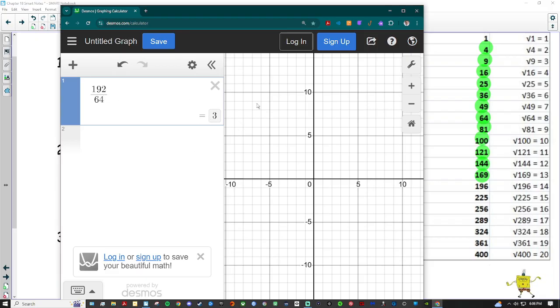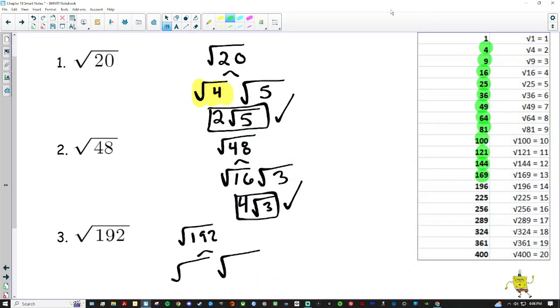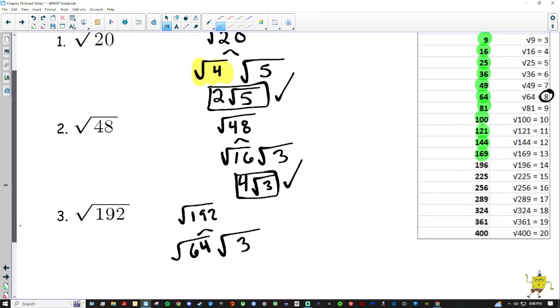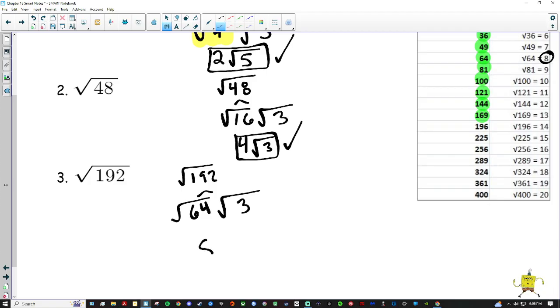So 64 times 3 is what it splits up into. 64 and 3. The square root of 64 is 8. So this is going to become 8 square root of 3.